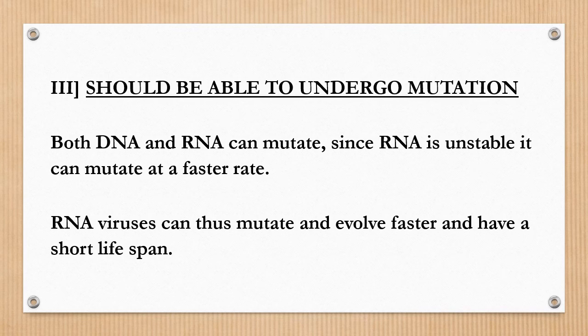The third criterion: it should be able to undergo mutation. Both DNA and RNA can undergo mutation. Since RNA is unstable, as we already discussed, due to the presence of uracil, it undergoes mutation at a faster rate.